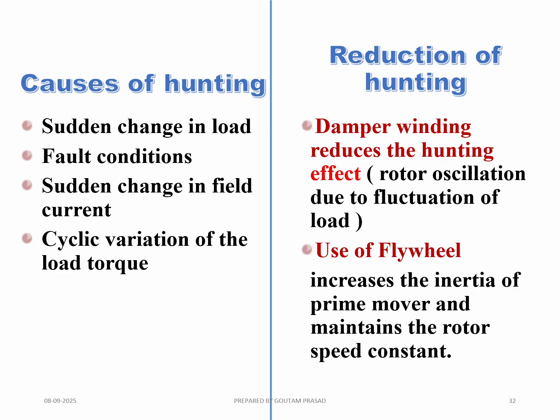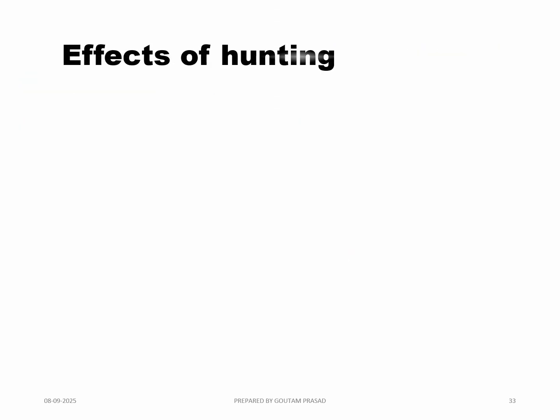So basically, when the speed tries to go down, this flywheel compels the rotor to rotate at the same speed because of its inertia. The same happens in the case of a speed increase, which is also resisted by the flywheel.